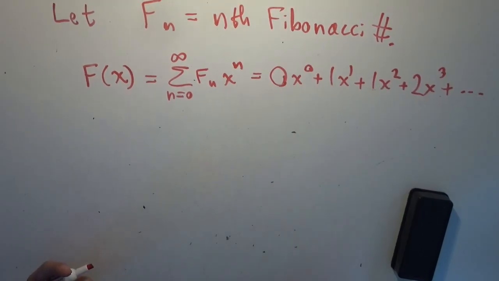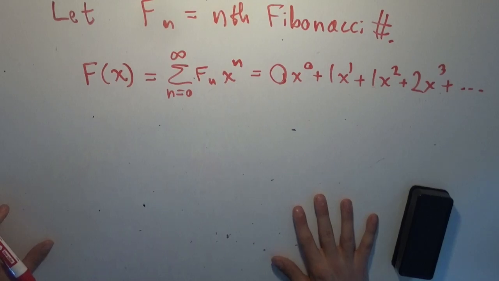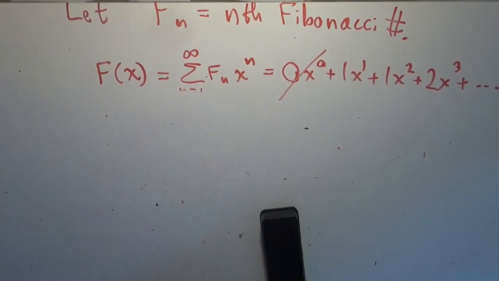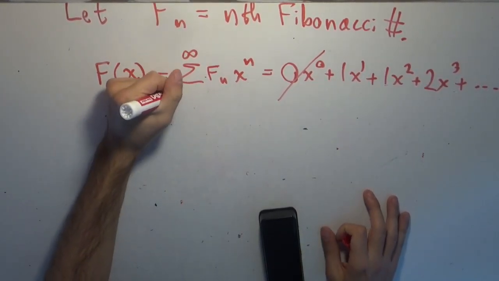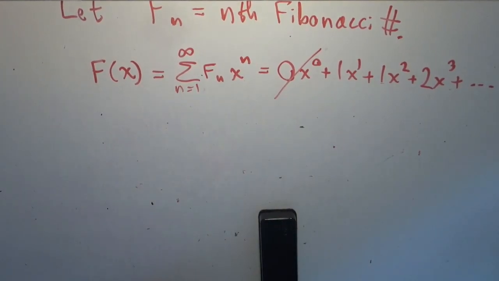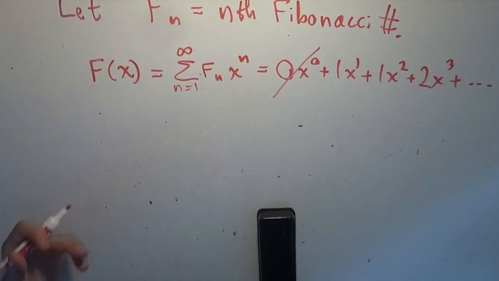We could theoretically start it at n equals 1, and it would be fine because the first Fibonacci number is 0, and so that term goes away. So we've got this function defined as the series from n equals 1, since the first term is 0, of the Fibonacci sequence, to infinity of f sub n times x to the n.